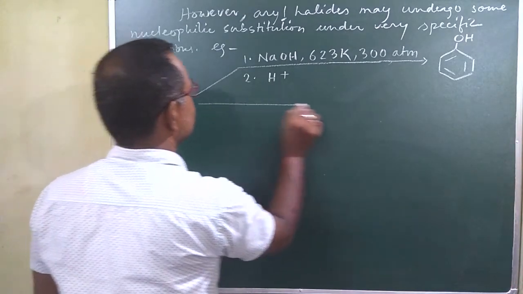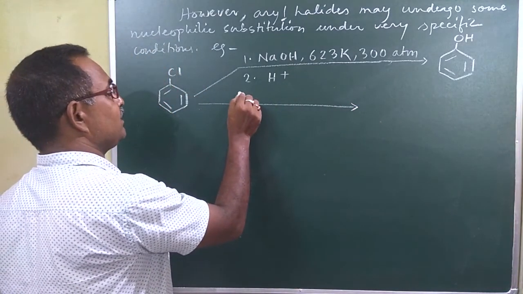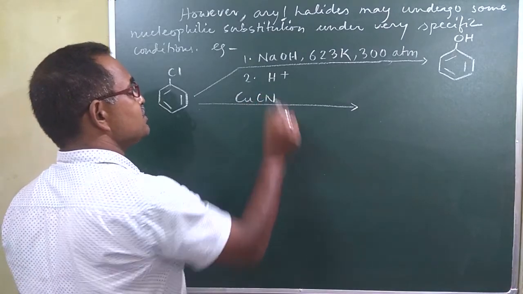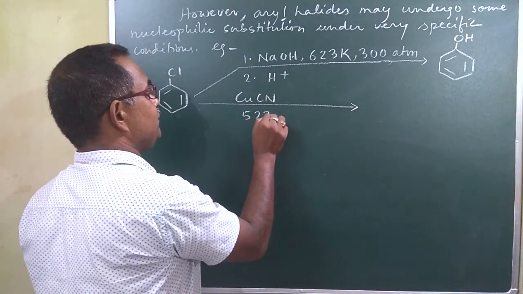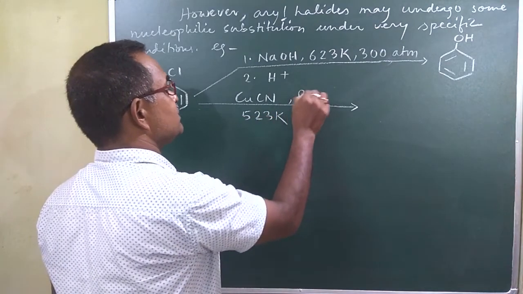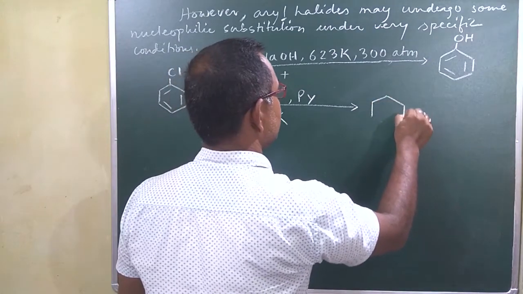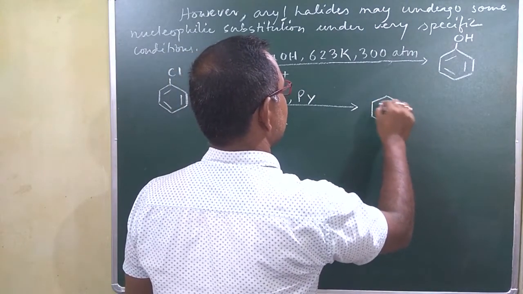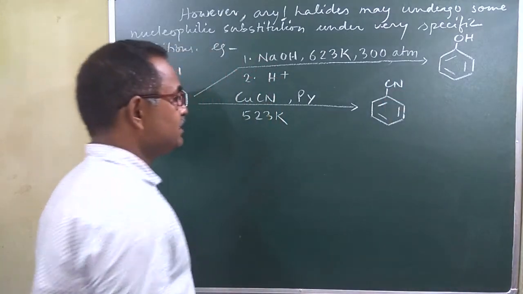Similarly, chlorobenzene may react with CuCN at 523 Kelvin in presence of pyridine as catalyst. In that case, you will have cyanobenzene.